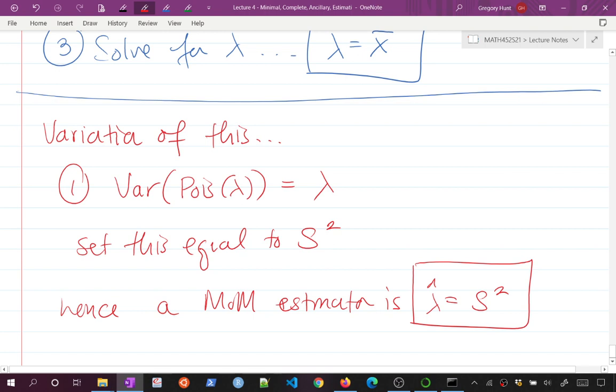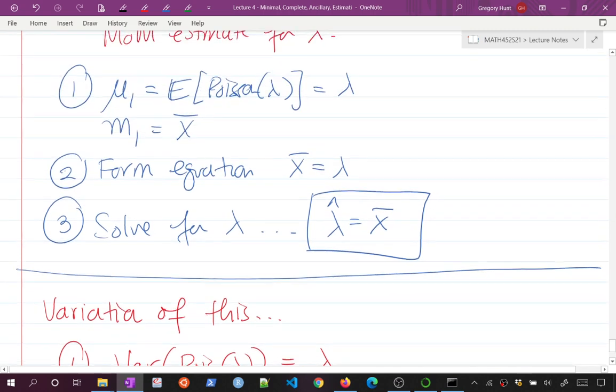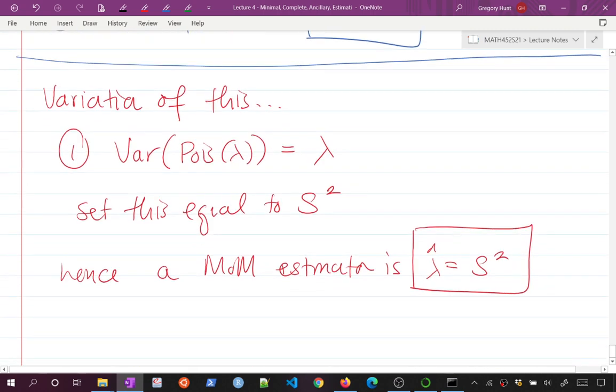So there are a bunch of variations on this. The classic one I taught you up here is the one more or less we're going to stick with, but there are different variations. You can think about your own variations of how to do this. And so, yeah, estimating the parameter lambda as the sample variance is a good idea, right?